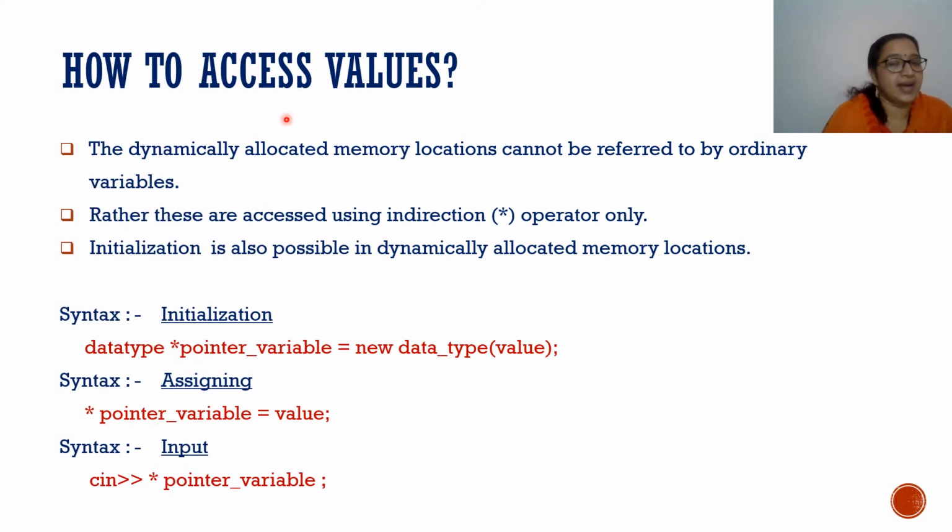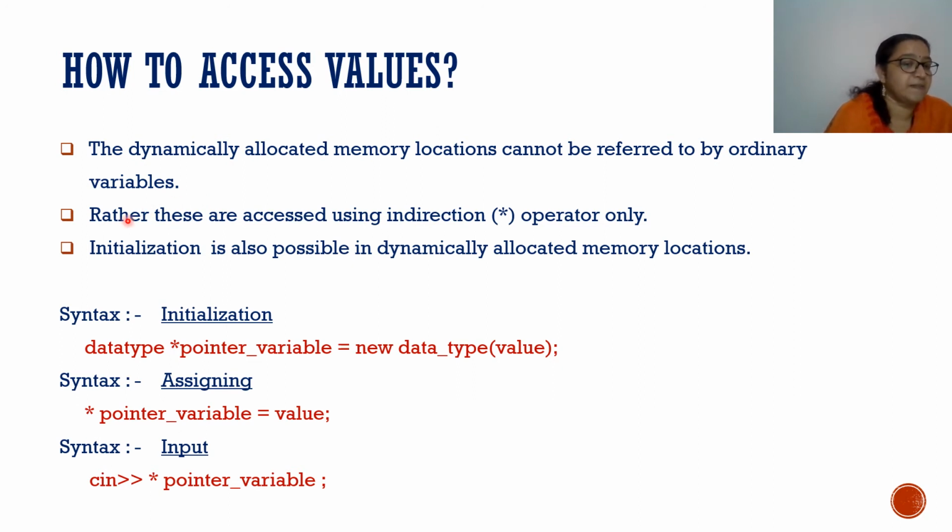Okay. How to access the values? See the points. The dynamically allocated memory locations cannot be referred to by ordinary variables. See, there are no ordinary variables like A, B, no variable name is there. Only the address is there, is it? So through that address only we can refer to that location. So that is the point here. So how is it possible to access?